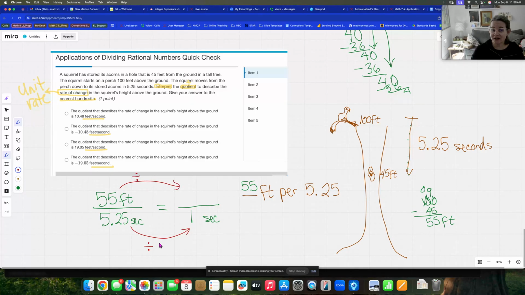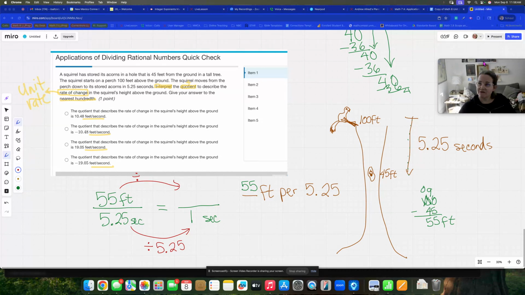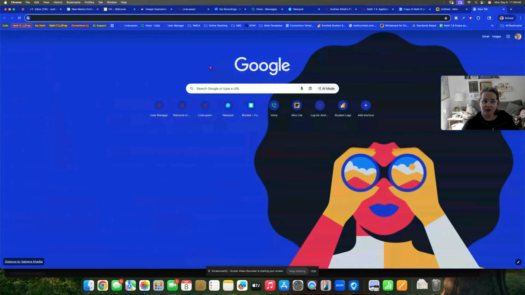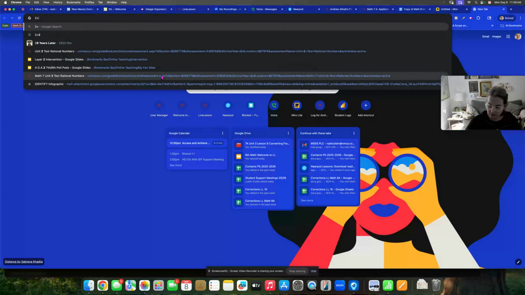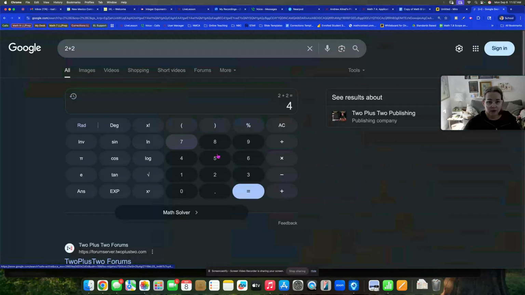Okay, so I'm going to divide by 5.25 because 5.25 divided by 5.25 is 1, and that's what I want. 55 divided by 5.25, I'm going to grab a calculator for that. 55 divided by 5.25.